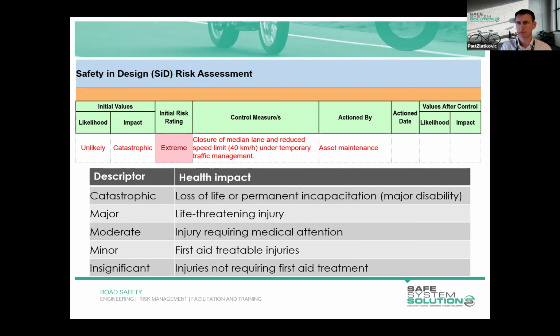So we can just go on to the next poll. There we go. So same options as before. Just while we're doing that, I see a question in the chat from Jeremy. Who's liable for the final design decisions in a safety and design context if an incident occurs at a later date?